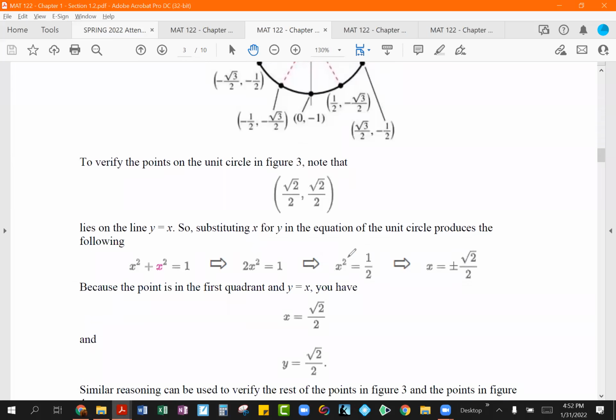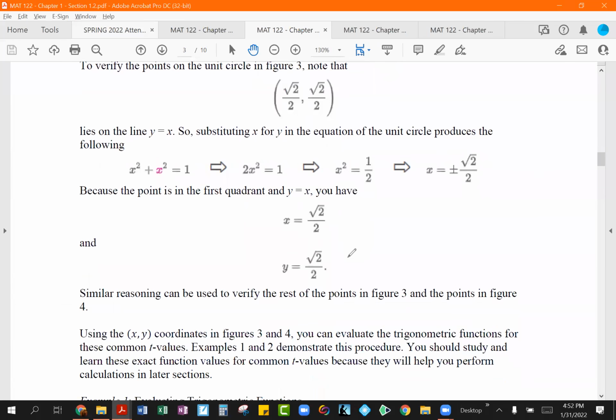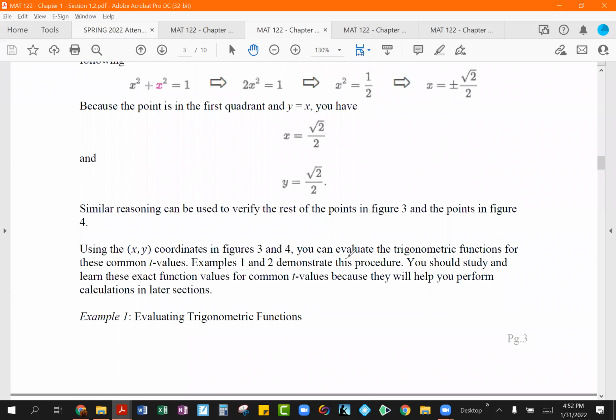That's what they're showing you over here by using the equation of a circle with the radius of 1, and then, if you are using the line y equals x, how that can translate into replacing the x with the y, and using some algebra to solve basic equations and then come up with your values for x and y.